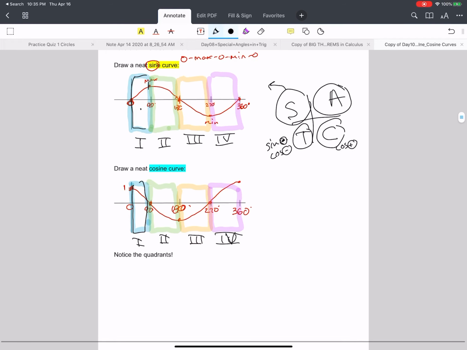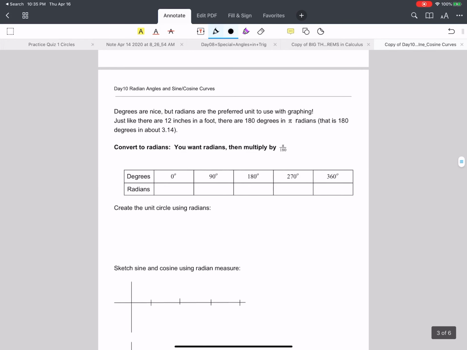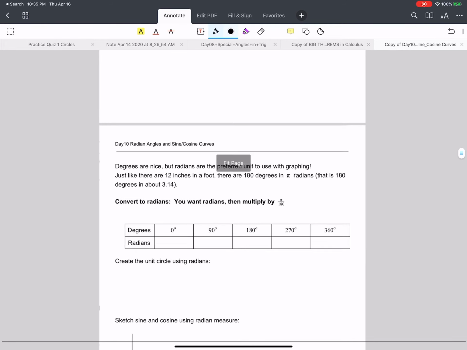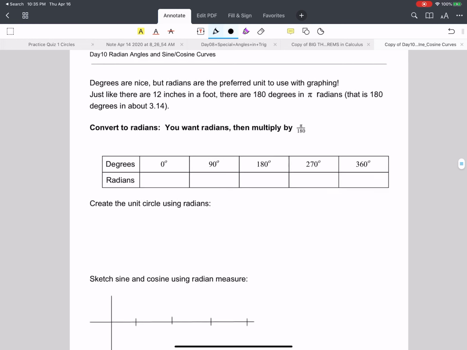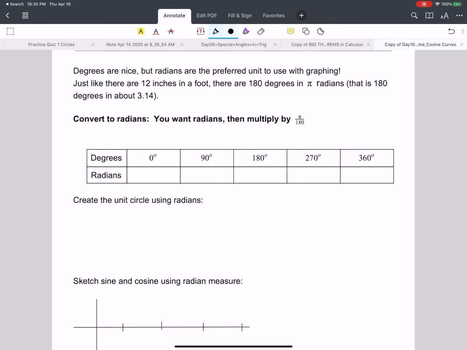Okay? So, moving on. Last thing I need to talk to you about are the angles. It's really nice. We do 0, 360, 90 degrees, all these beautiful things. But unfortunately, radians are really preferred when using graphing.